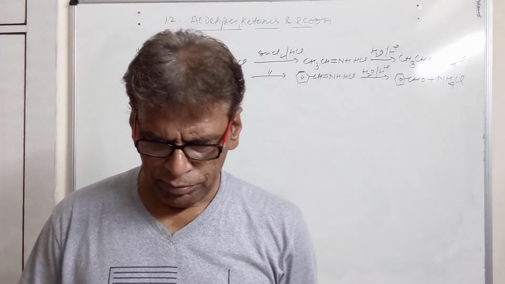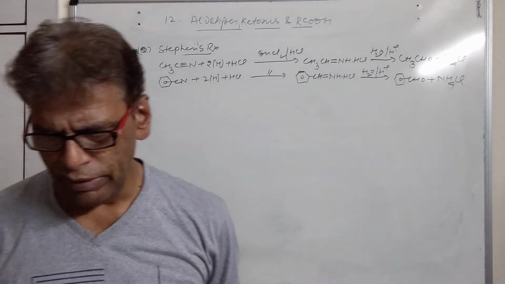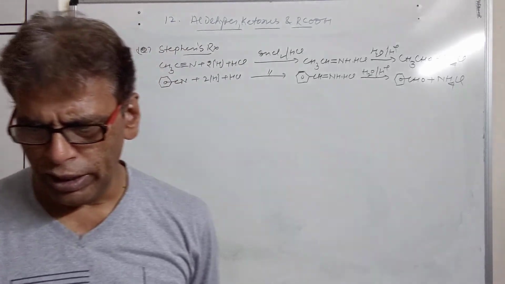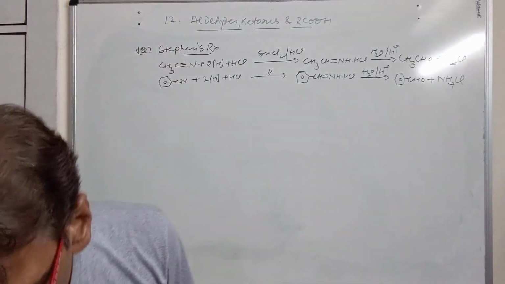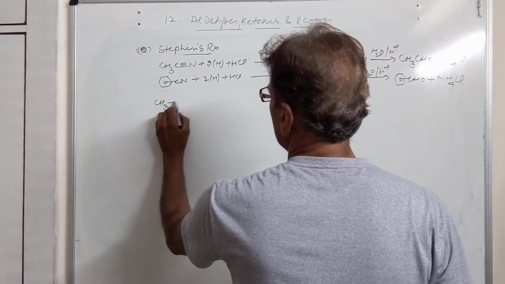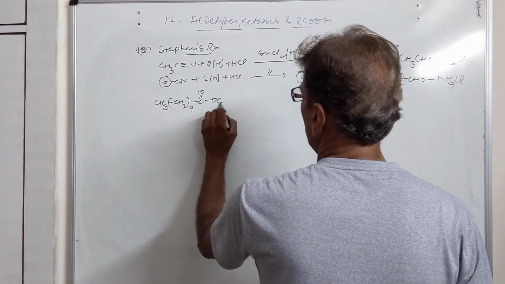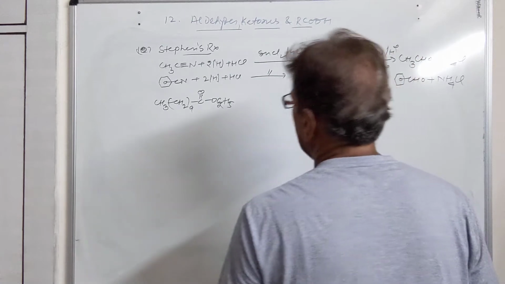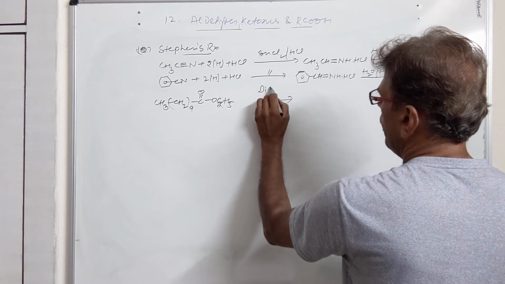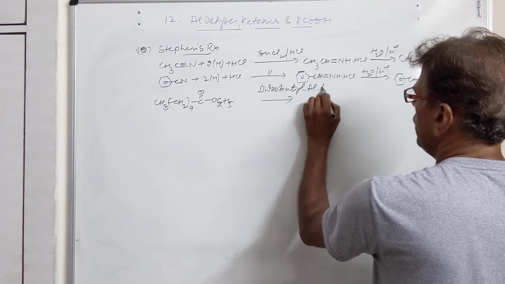Then we have the next method, that is from esters which are having long chains. When they are treated with diisobutyl aluminium hydride, they get converted into aldehydes. CH3(CH2)9COOC2H5 is treated with the reagent diisobutyl aluminium hydride.